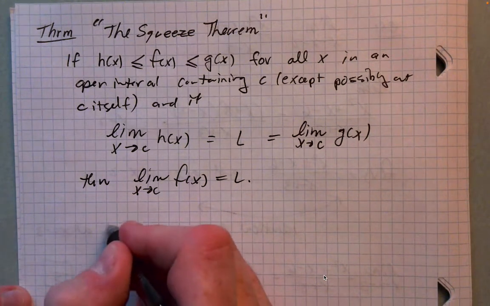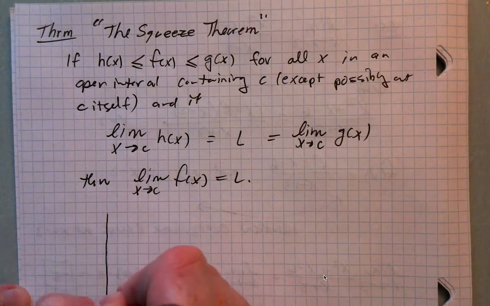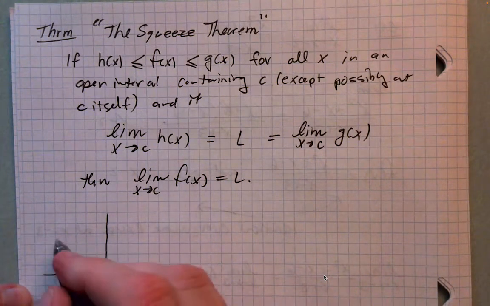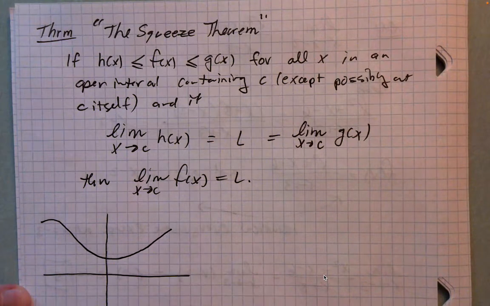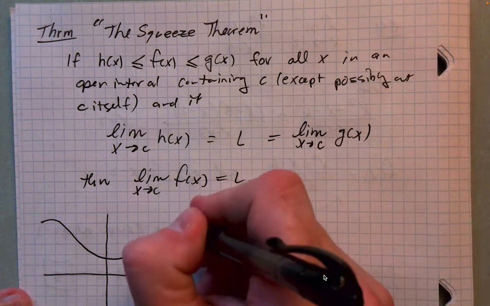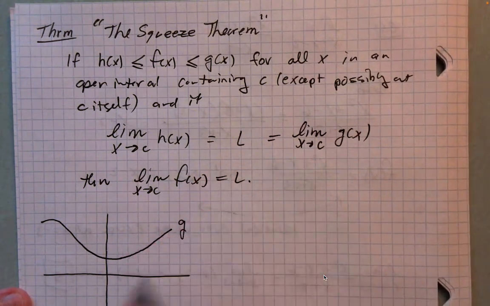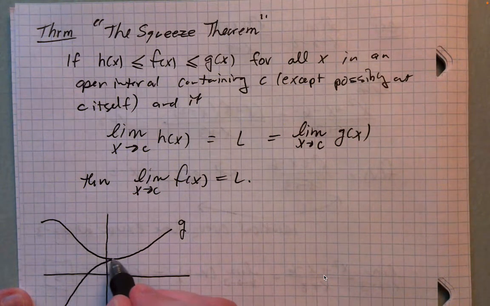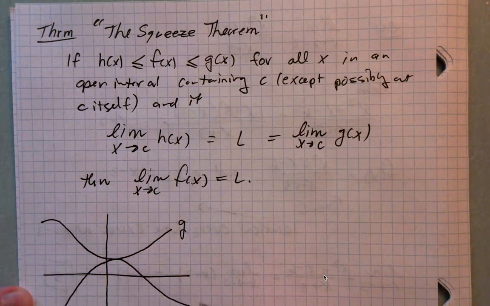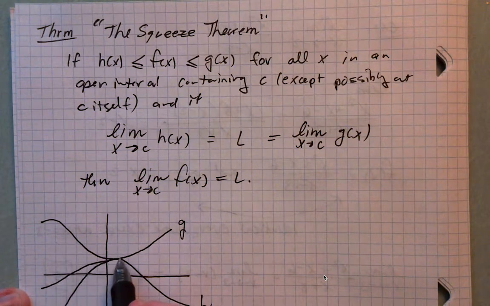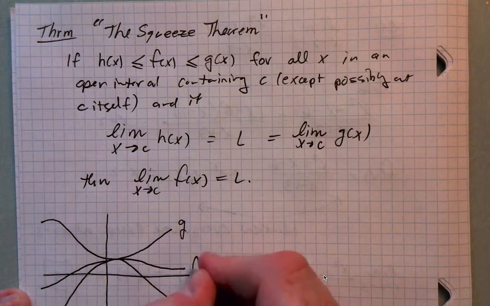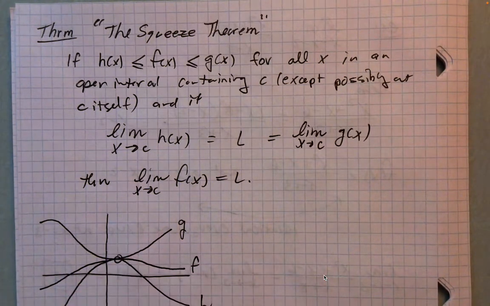And we can try to visualize it. I don't have multiple colors, so it'll not be perfect, but you can imagine if this is your g function, and maybe below that you've got some other function h, and then f you know is between those two, and let's just say f has a hole.